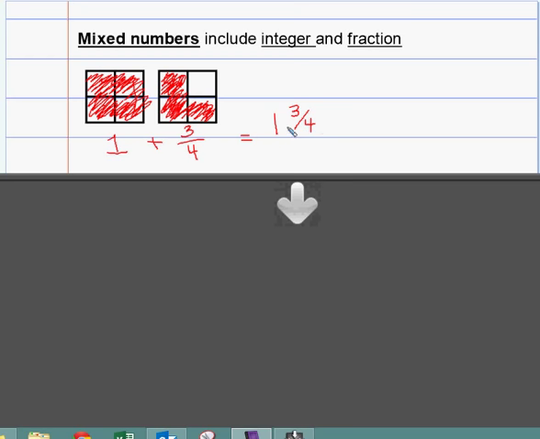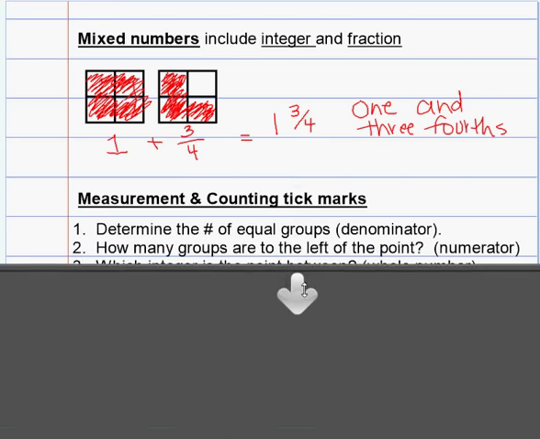Anytime we have the mixed number, we say the word "and" because it's a fraction. 1 and 3/4. Okay, so that's how mixed numbers work. If you have to model it, you know that you need to shade in one circle or one square completely to illustrate one unit.